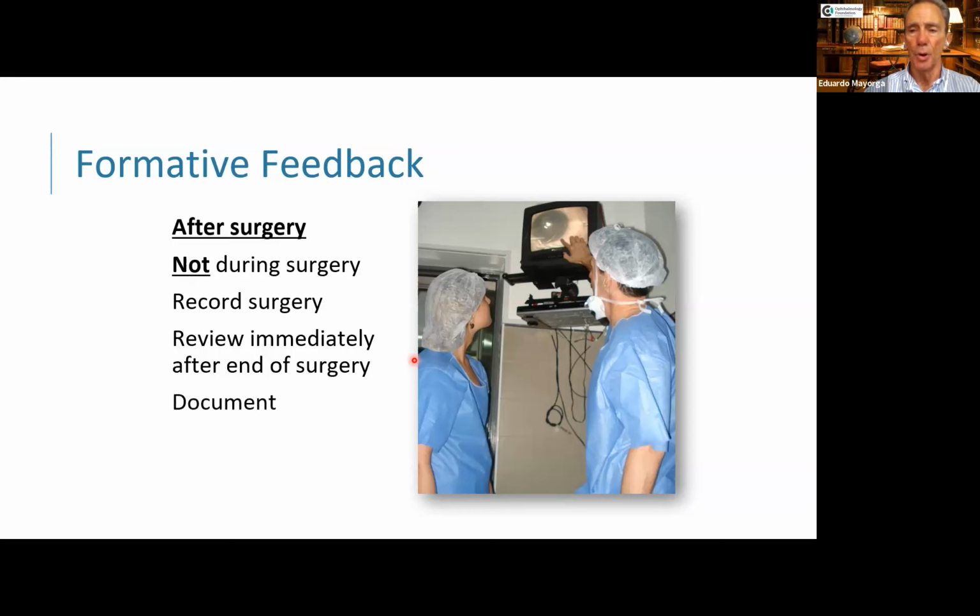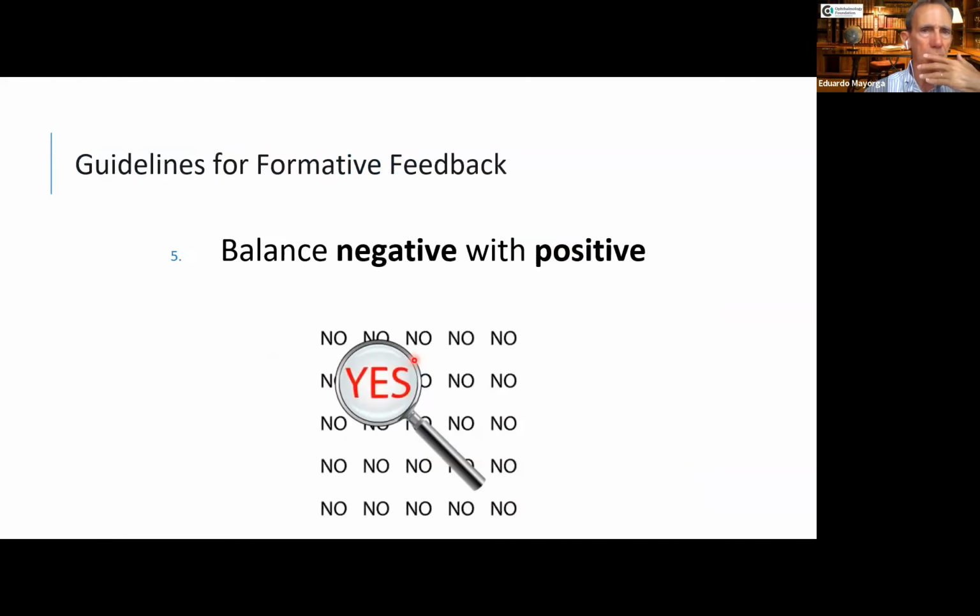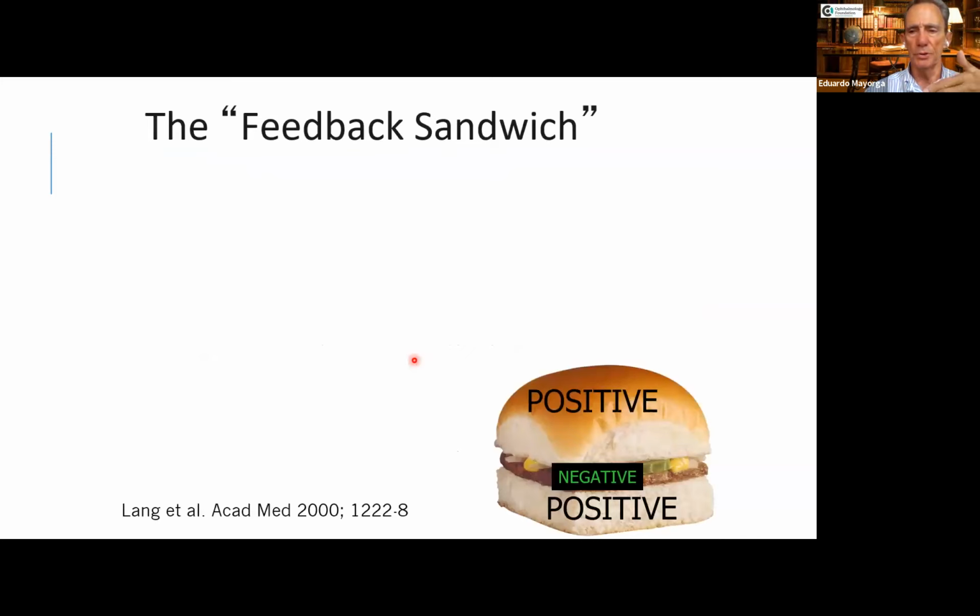Document all this, give it back to the resident, and have them review the feedback you gave before they go to the next surgery. Always try to balance negative with positive. Start with positive, like we recommend in the feedback sandwich.